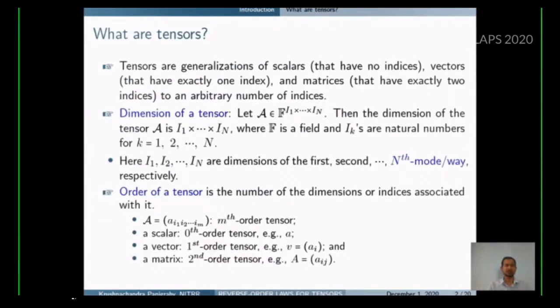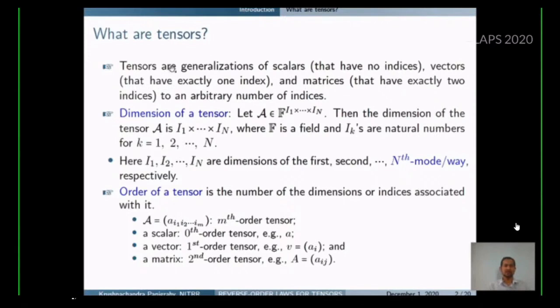Let's start from introduction. As we see the title of the presentation, there are two keywords, tensors and reverse order laws. Let's start from what are tensors. Tensors are the generalization of scalars, vectors, and matrices to an arbitrary number of indices.